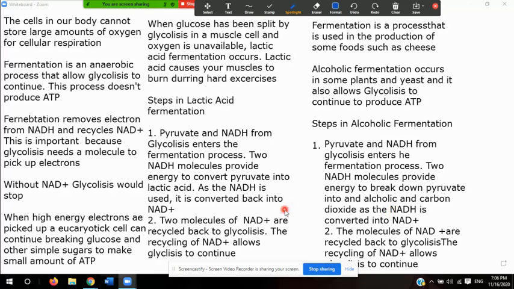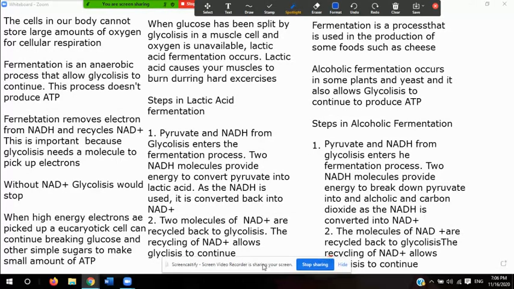So it's very similar to the first step here, except that here it converts pyruvate into lactic acid. So again, the first step, pyruvate and NADH from glycolysis enter the fermentation process, and 2 NADH molecules are converted into alcohol and carbon dioxide. And this also happens in alcoholic fermentation as it did in lactic acid fermentation, and is that NADH is converted into NAD plus as it is being used.